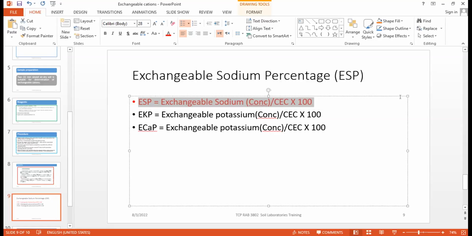This prevents root penetration, in addition to low gases or air in the soil, and also leads to waterlogging, and the water cannot penetrate or move freely or easily in the soil profile. All this together creates a very bad physical condition, and in turn this will prevent the growth of the plant.